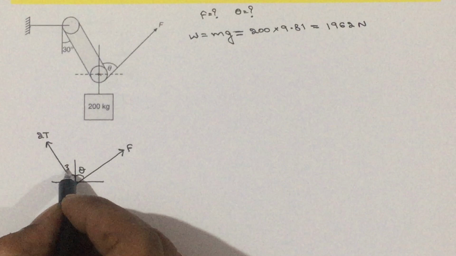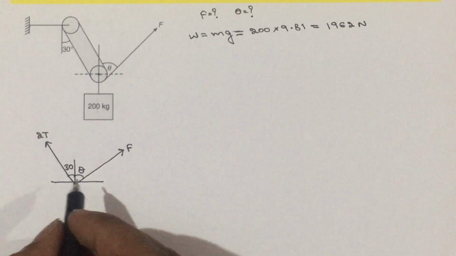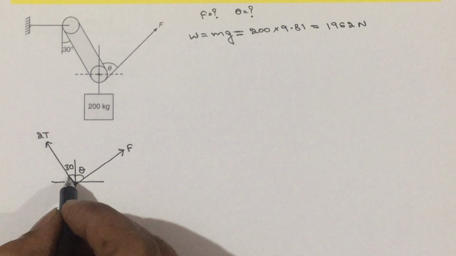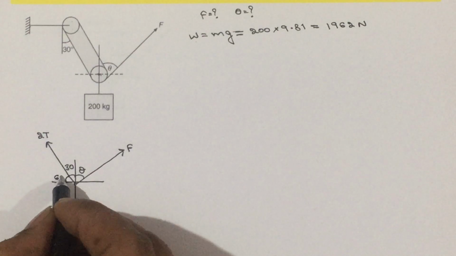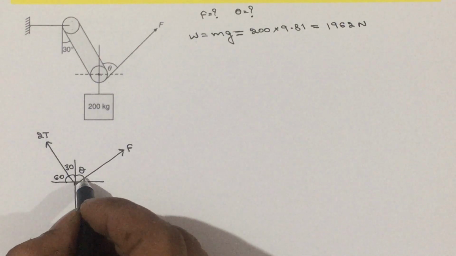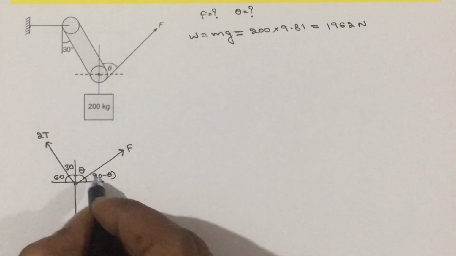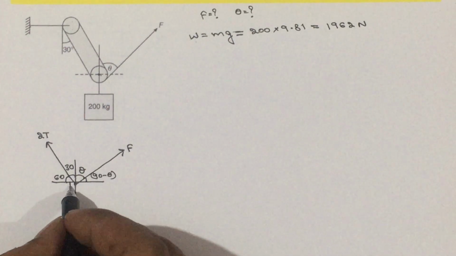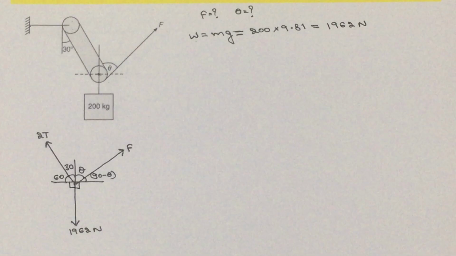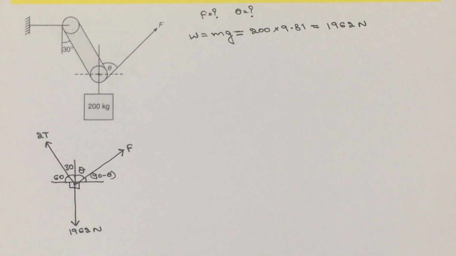If it is 30, then the remaining is 60. If it is theta, then the remaining is 90 minus theta. Then this will be 90, this is also 90. So, we wrote the free body diagram.